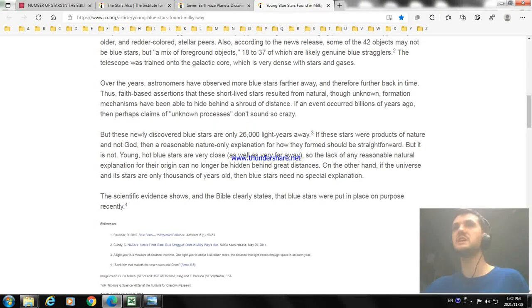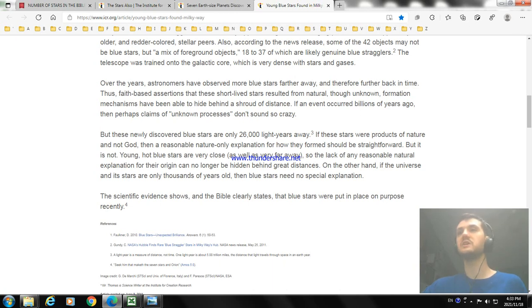Over the years, astronomers have observed more blue stars further away, and therefore further back in time. Thus, the assertion is that short-lived stars have some natural, unknown formation. Megasuns have been able to hide in a shroud of distance. It could have occurred billions of years ago, and perhaps that doesn't sound so crazy. But these are newly discovered blue stars, only 26,000 light years away.